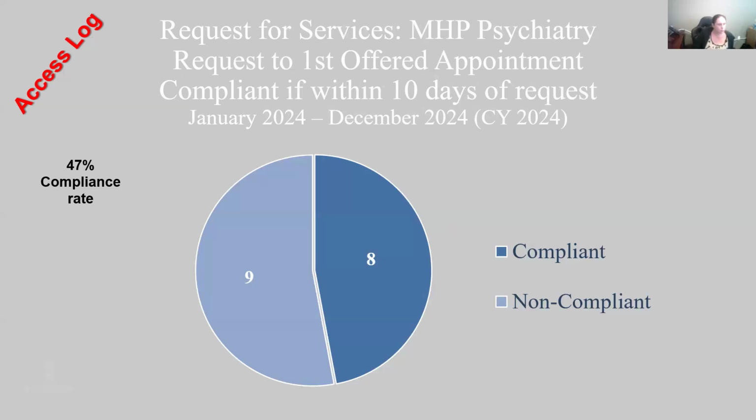Okay, so an action item would be to correct the slide. I copied the previous slide, which was requests for services for mental health services, and then changed it to psychiatry, and I forgot to change the 10 to a 15. That's all. So the actual data is correct. It's based on 15 days. Okay, so it's a 47% compliance rate. Yeah. So an action item will be to correct the slide, and confirm that 47% is accurate for that span of time.